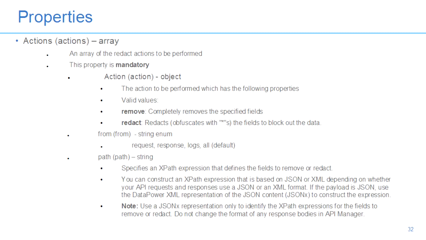So you have to be able to write your XPath as though you're mapping into a JSON-X document rather than just a basic JSON document or a basic XML document. So there are lots of instructions within the Knowledge Center on the Redact policy on the differences that you'd need to do for that.